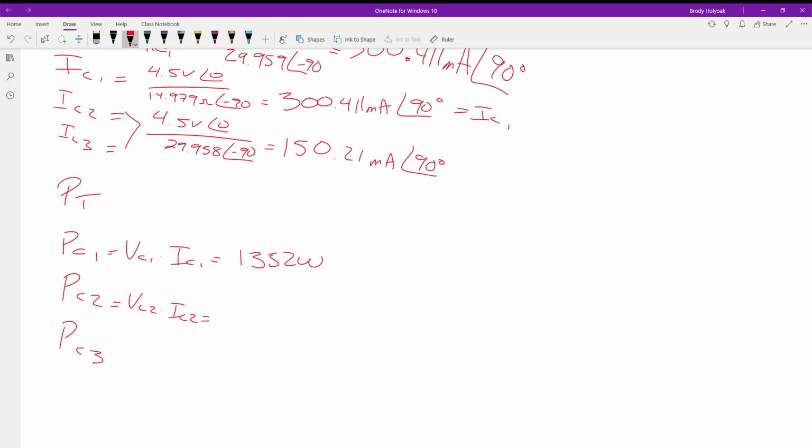It's current, right? Yep, voltage times current. So you do times 1. Equals 675.